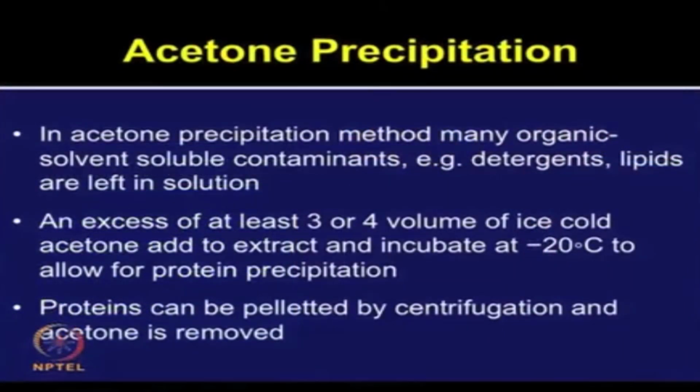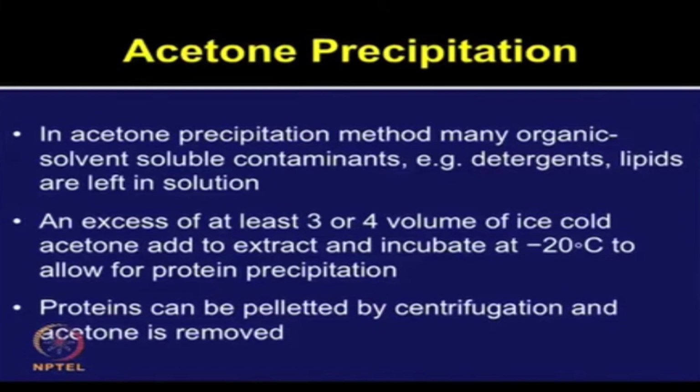Now, let us talk about acetone precipitation. In this method, many organic solvent soluble contaminants such as detergents and lipids are left in solution. So, it is very effective. You add an excess of at least 3 or 4 volumes of ice cold acetone to your extract, incubate it at -20 degrees for 1 to 2 hours and allow the proteins to precipitate.